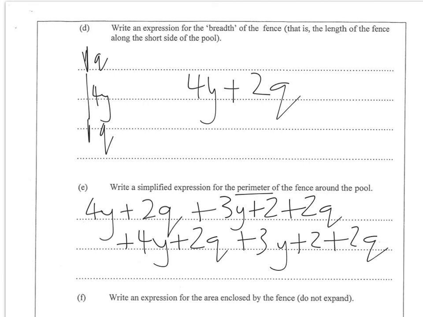Okay, so we get 4y plus 3y, 7y, plus another 4y, which is 11y, plus another 3y, which is 14y, plus 2q, 4q, 6q, and 8q. And 2 plus 2, which is 4.